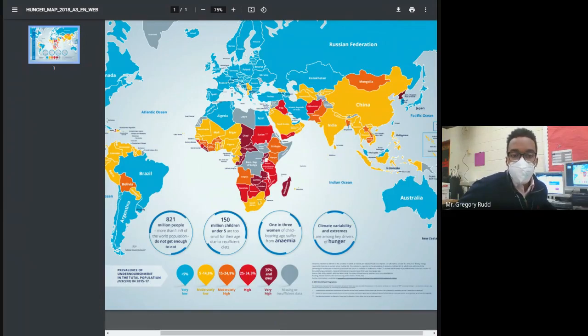The darker red countries have 35% of their population and over undernourished. Today, about 1 in 9 people across the planet do not get enough to eat. And it's not just happening in Africa. We see Southeast Asia, we see some South American countries, Central American countries also having these issues as well. 1 in 9 people do not get enough to eat.